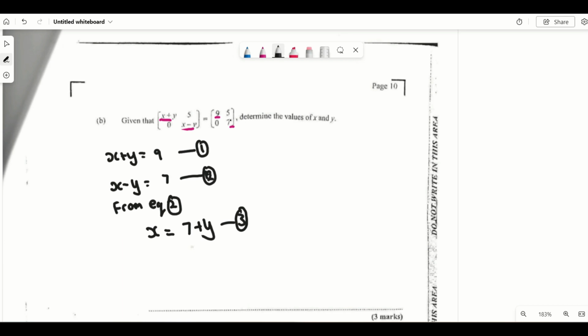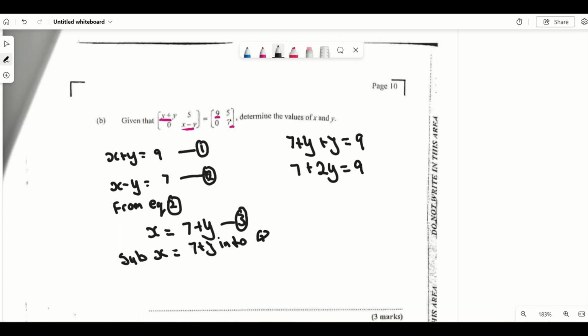So we substitute x is equal to 7 plus y into equation 1. That is, instead of x, you're going to put 7 plus y. So it's 7 plus y plus y is equal to 9. So this is 7, and y plus y is 2y, equals 9.